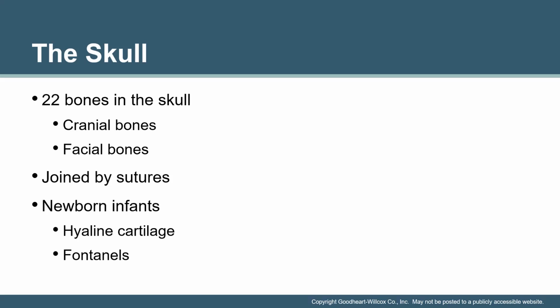We have 2 parietal bones. We have 2 paired temporal bones. We have 1 occipital bone, that's the base of your skull. We have something called an ethmoid bone. This makes up the large portion of what's called the nasal septum.